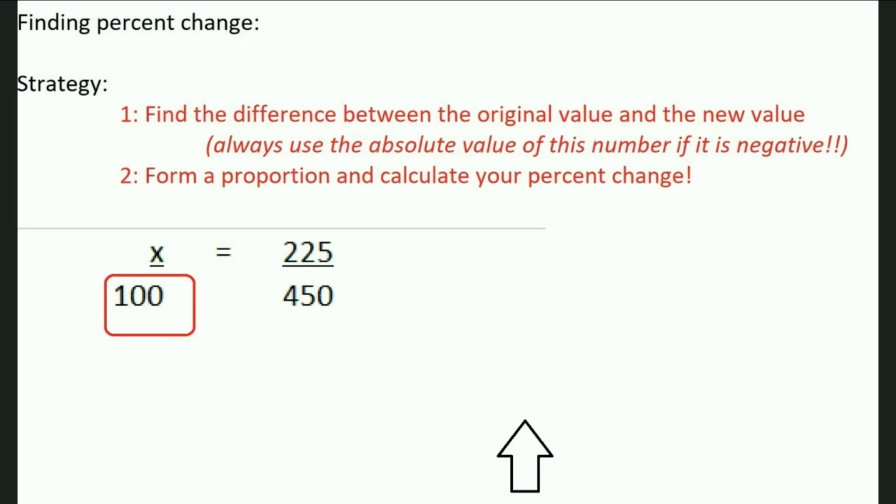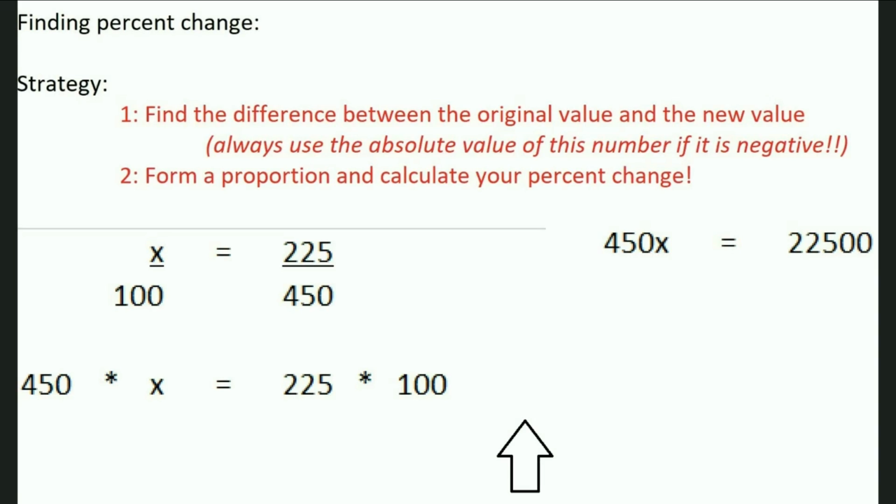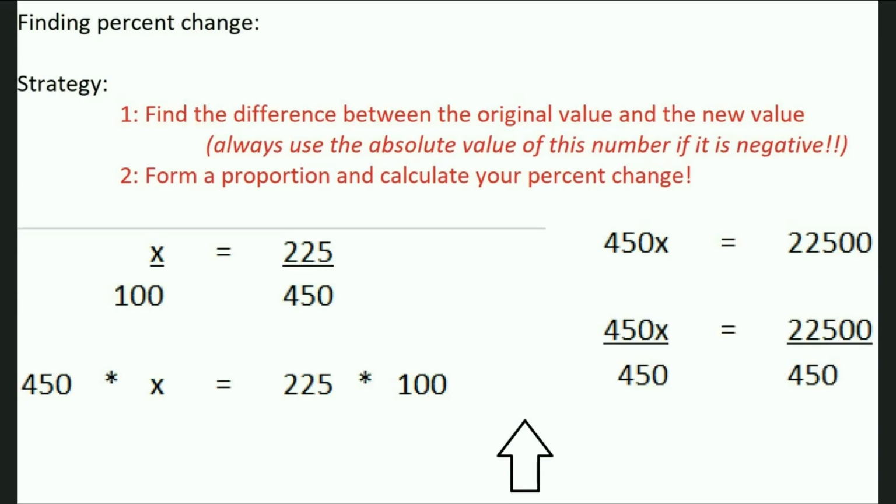We have x, which is going to be our percent change, and 100, which is 100%. 225 is our difference, and 450 is our original value. Now we just cross multiply. 450 times x equals 225 times 100. 450x equals 22,500. Divide both sides by 450, and you get x equals 50.